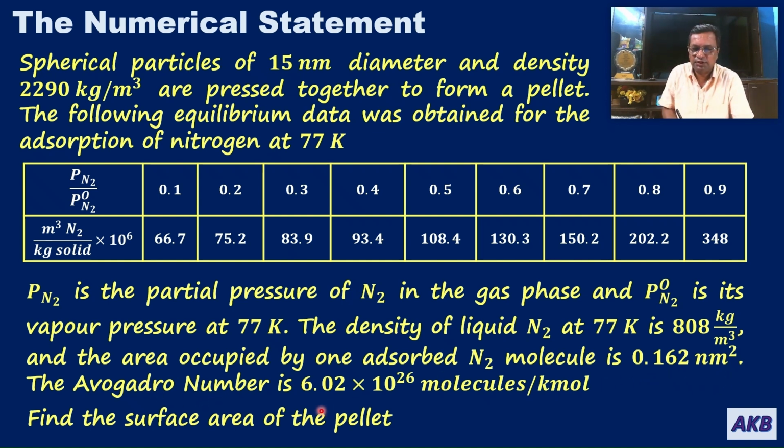Avogadro number is given to us. It is 6.02 into 10 to the power 26 molecules per kilomole. With this information, we are supposed to find the surface area of the pellet. So let us move ahead.